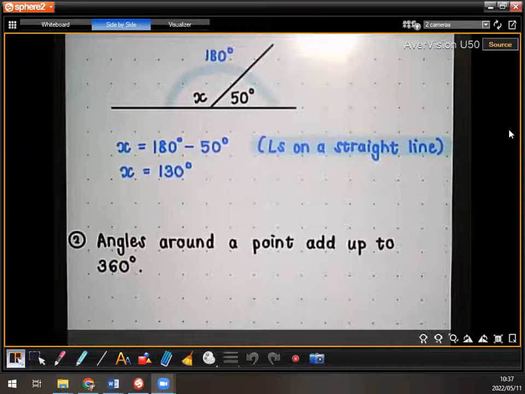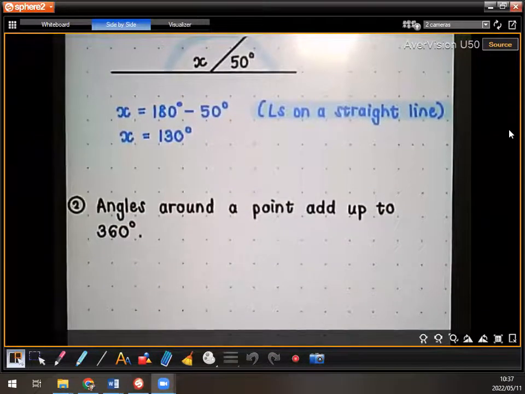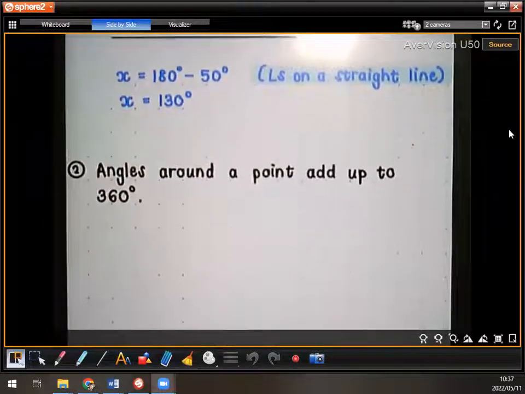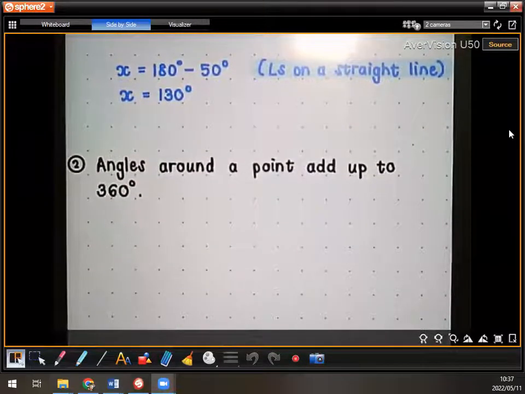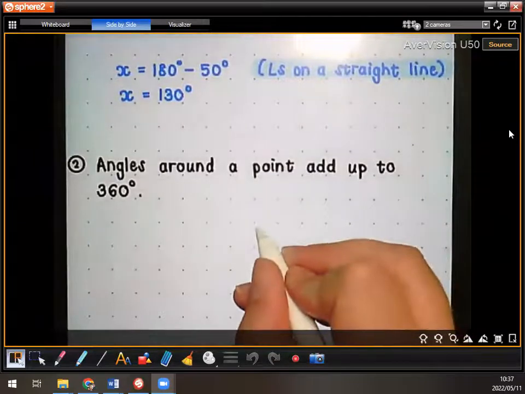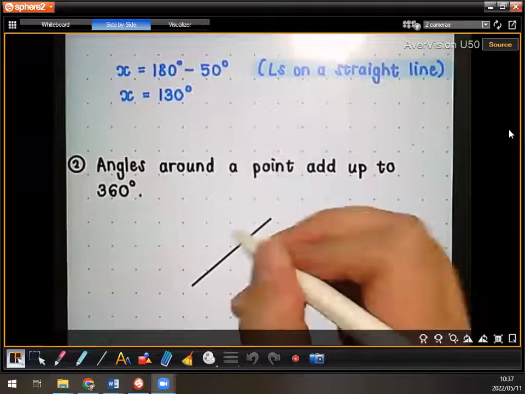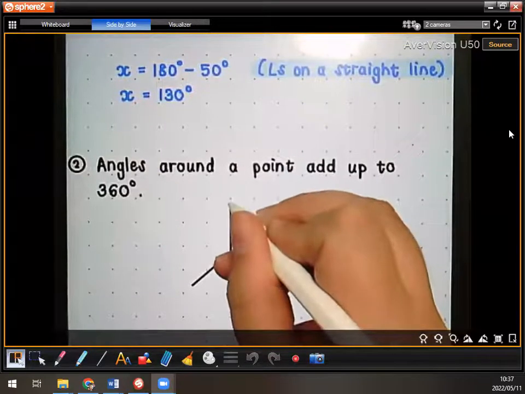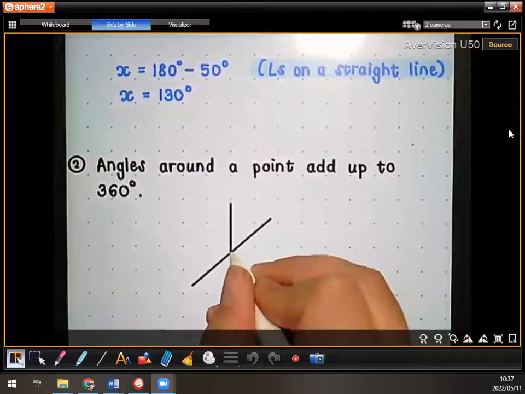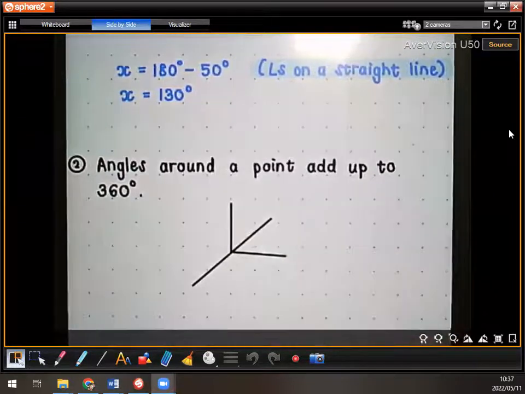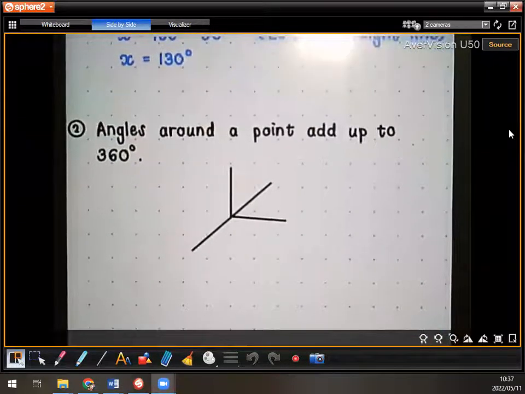Okay, the second one is saying that angles around the point add up to 360 degrees. So I'm going to draw a picture for that. It doesn't have to look exactly the same as mine.